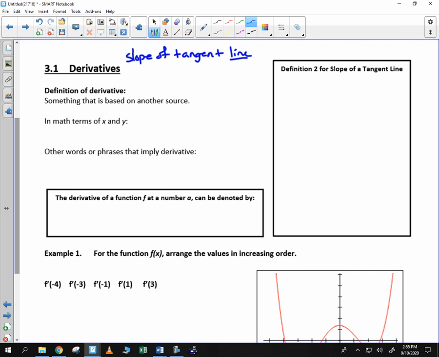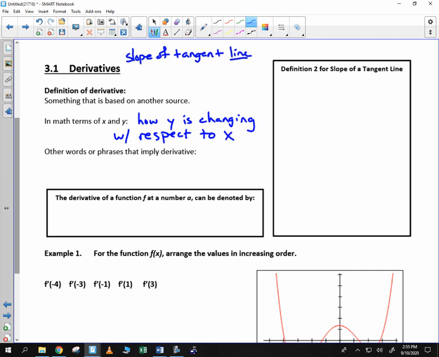The derivative is something that is based on another source. So the rate of change of the function, and we model that by the line. In mathematical terms of x and y, it means how y is changing with respect to x.